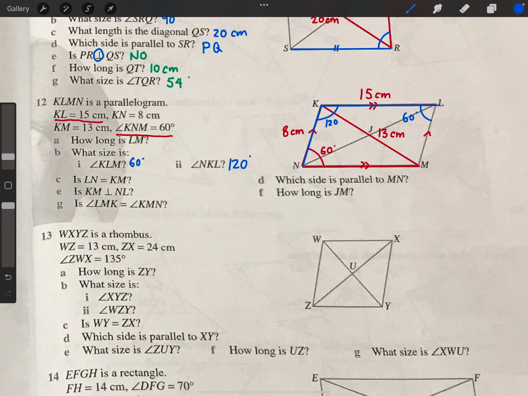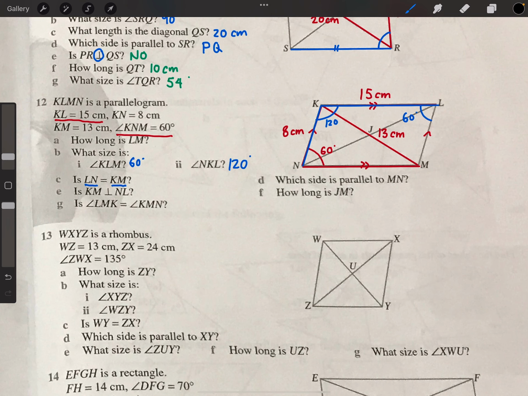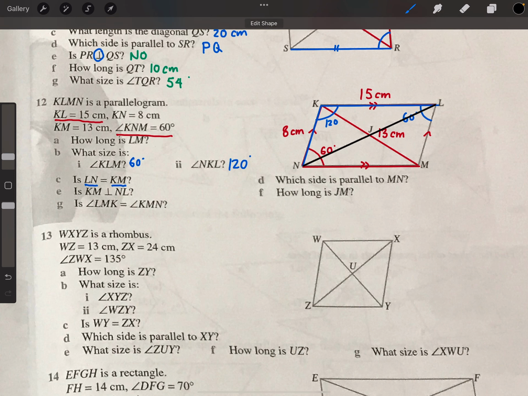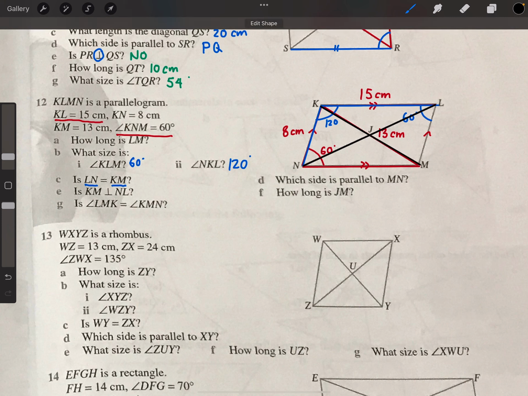Alright, next one is LN equal to KM. Let me just do that in maybe black. LN is this one here. Is that line equal to KM? So are the diagonals of a parallelogram equal?